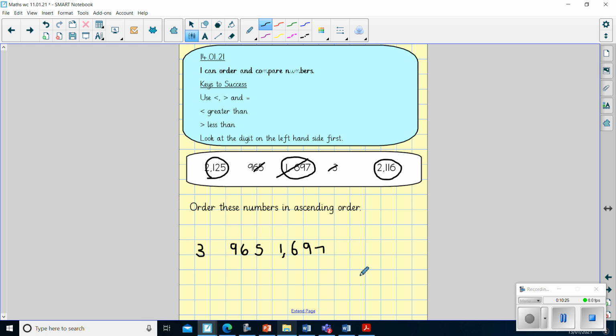So this number is less. So 2,116 is the next number in my sequence. Cross it out. I've got all of those crossed out. So 2,125 is the last number in my sequence. So that sequence is going in ascending order.